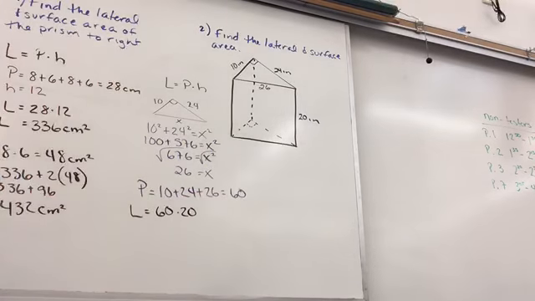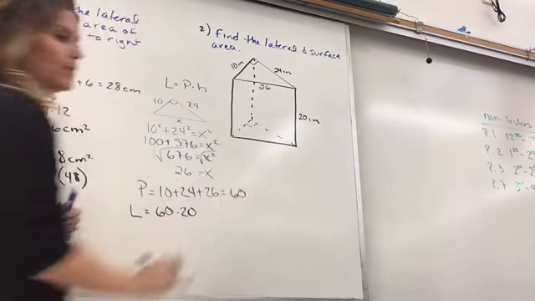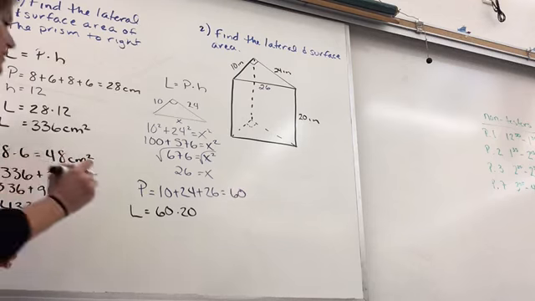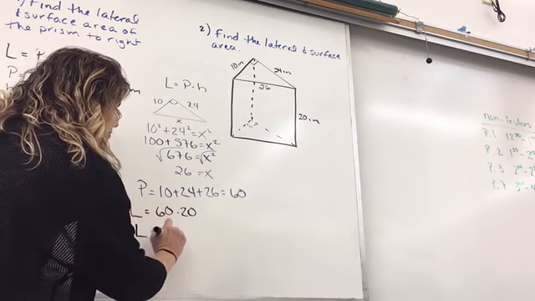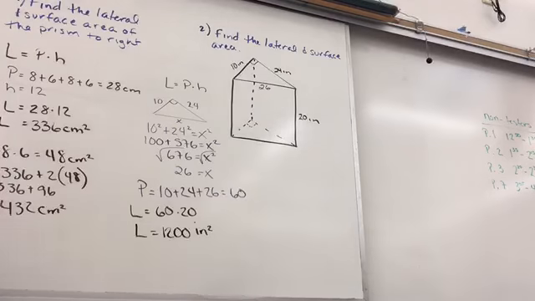That gives me the lateral area. That's the distance around the prism. It's not including the top and the bottom. So when I multiply those together, the lateral area becomes 1,200 inches squared.